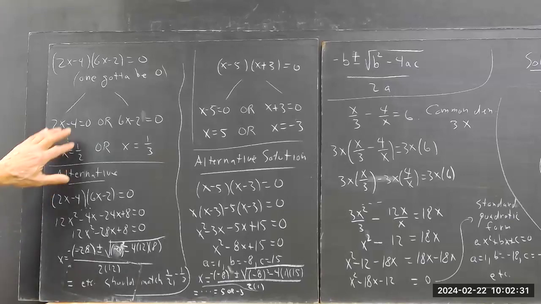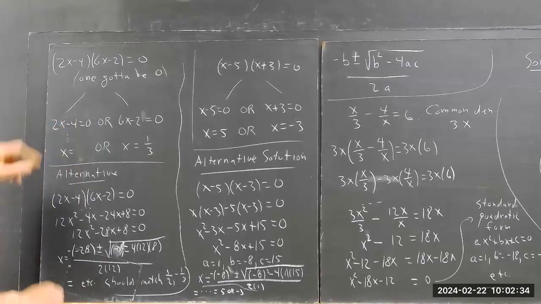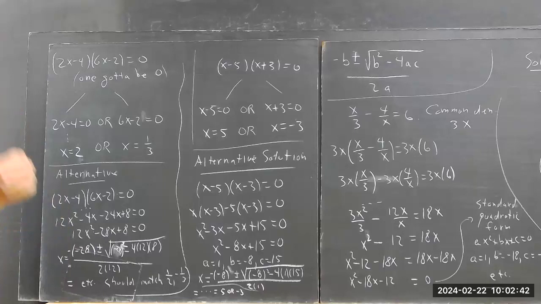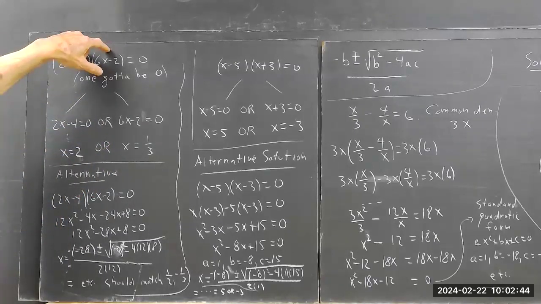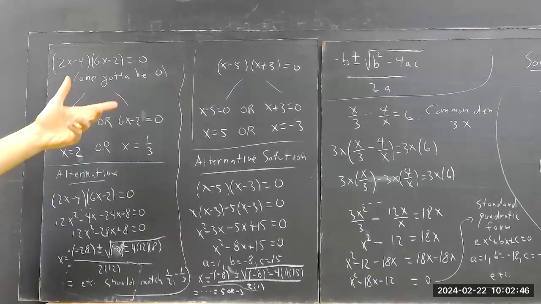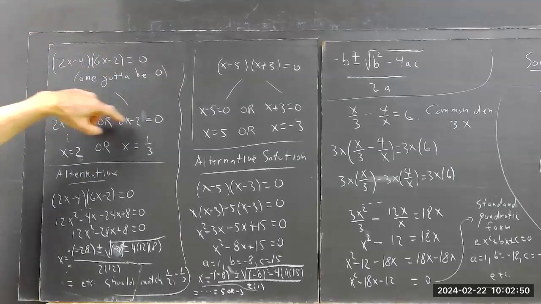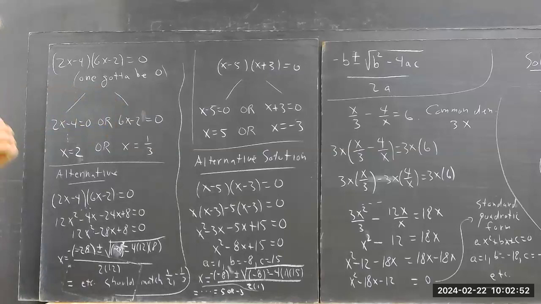Okay. This shouldn't have been x equals 1/2. This should have been x equals 2. That works out. Okay, there it is. Anyhow, the idea is you can solve it this way by splitting it into 2 equations, because either this has got to be 0 or this has got to be 0, and that's what this says. Or you can expand it and use the quadratic formula, which is a lot more work.